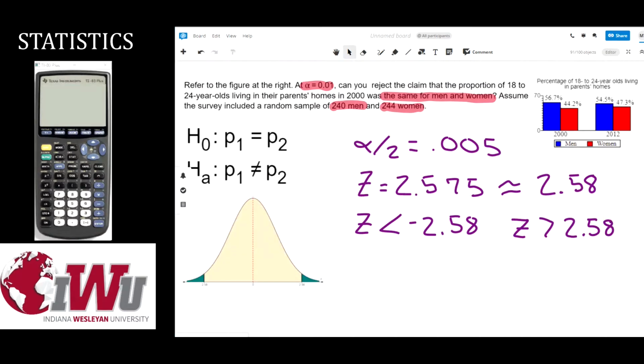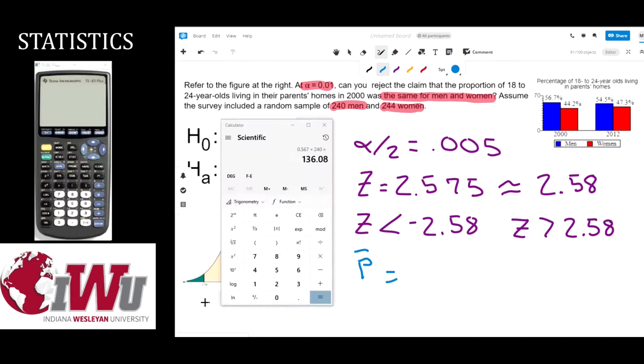Now let's go through and get the p bar. Now what I mean by that is this. So p bar is basically the weighted estimate, and so that's going to be x1 plus x2. But where do we get that though? That's a good question.